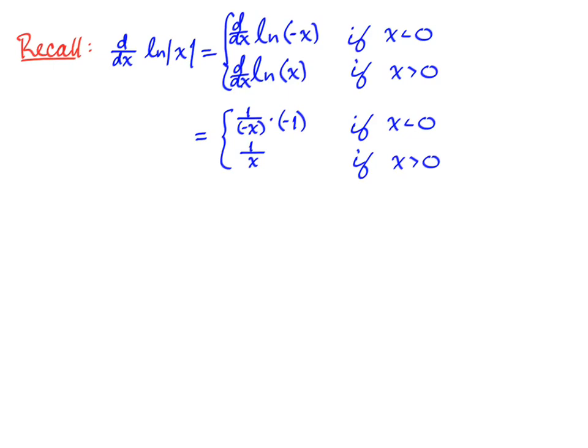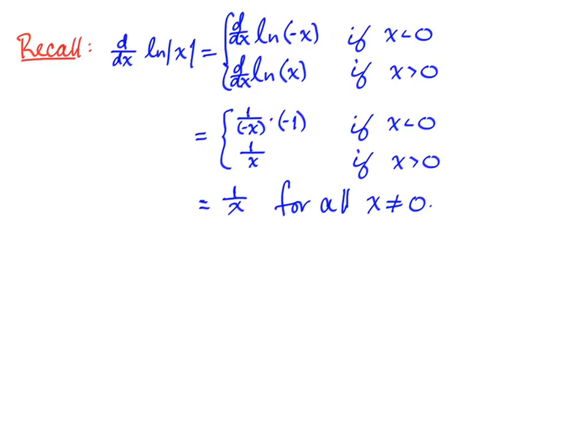Now we look at the two pieces and we see that the first piece is just 1 over x, so they're identical, so we can just say the derivative is 1 over x for all x not equal to 0. So the derivative of the natural log of the absolute value of x is 1 over x for all x in the domain.